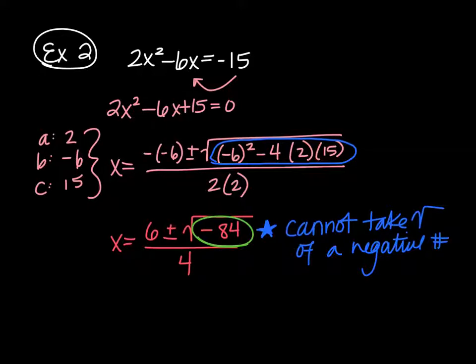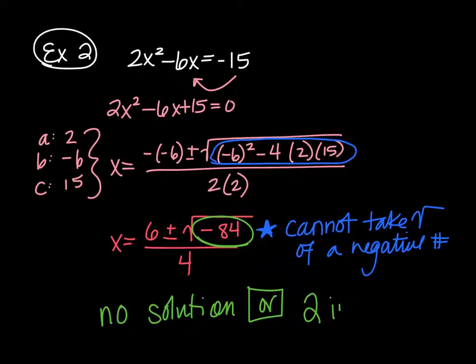You would know that because if you tried to type in the square root of negative 84 on your calculator or on your phone or wherever, it should say error. It should not give you an answer. So we're going to say this is no solution, or, and this is even better, 2 imaginary solutions.